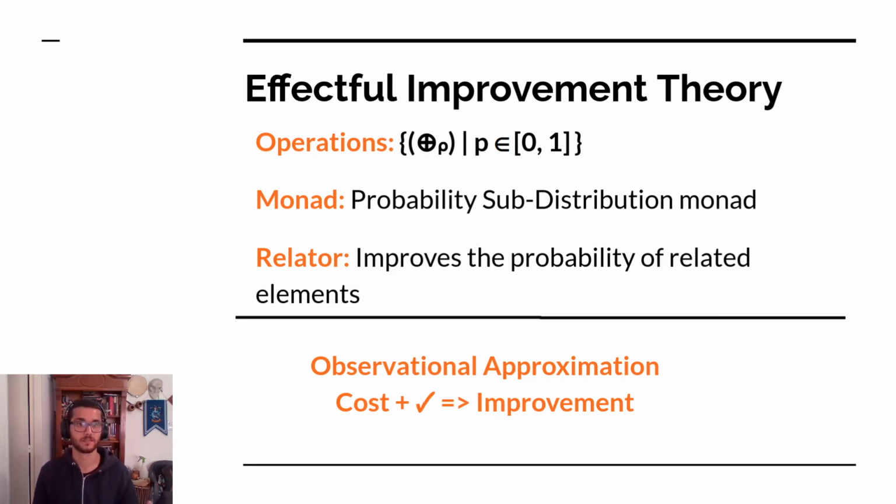And the sub-distribution relator simply checks that the sum of the probabilities of related sets of values actually increases. And as a result, we can compare probabilistic programs, and moreover, we can prove improvements.